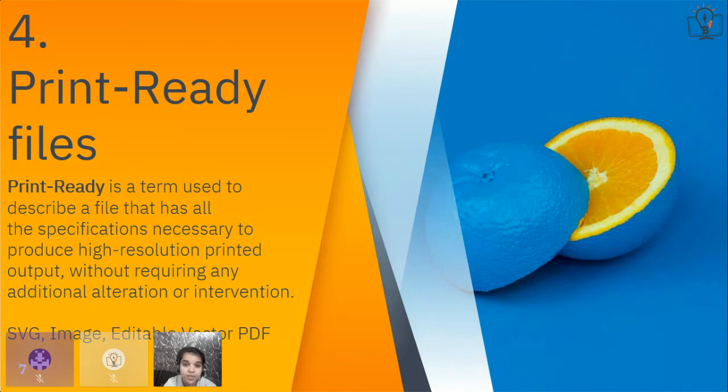But before explaining what these files are, let me give you the difference between an incorrect and a correct print ready file, because as an owner of your print business, you will have to understand whether the file you're using is in the correct format or not, right?